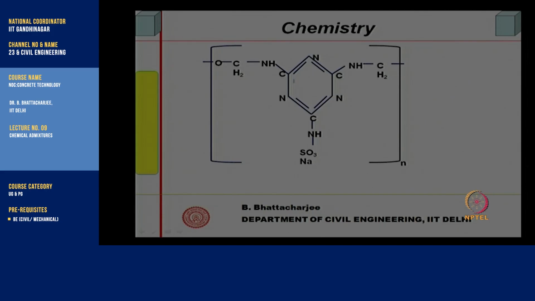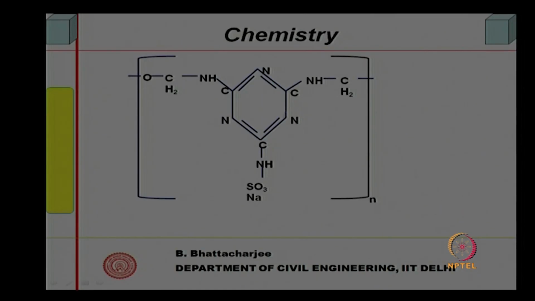So, this is the naphthalene double ring replaced by melamine, which has 3 nitrogens in the ring instead of carbon.